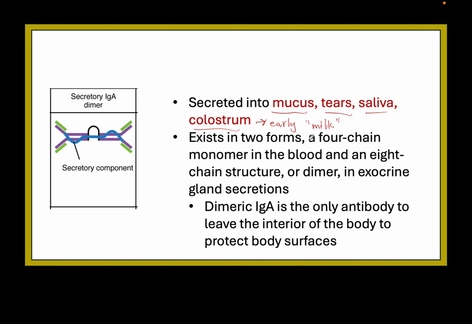This exists in two forms, so you can have a 4-chain monomer in the blood and an 8-chain structure or a dimer in the exocrine gland secretions that we're talking about up here. Dimeric IgA is the only antibody to leave the interior of the body to protect the surfaces. So this is going to be something that gets secreted, and that makes it unique from the other antibodies.